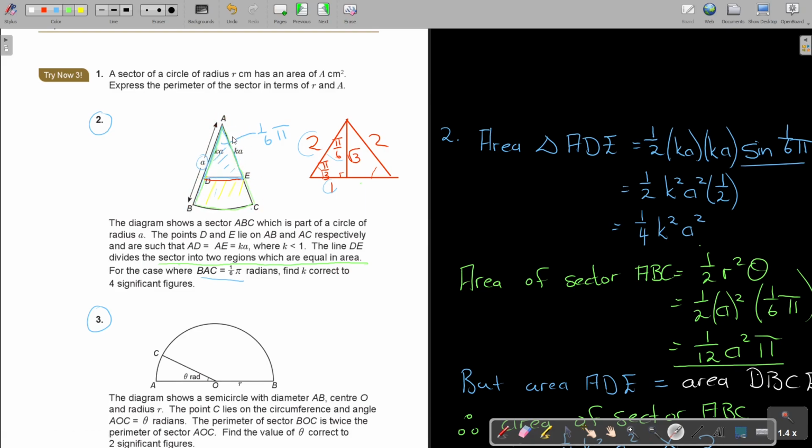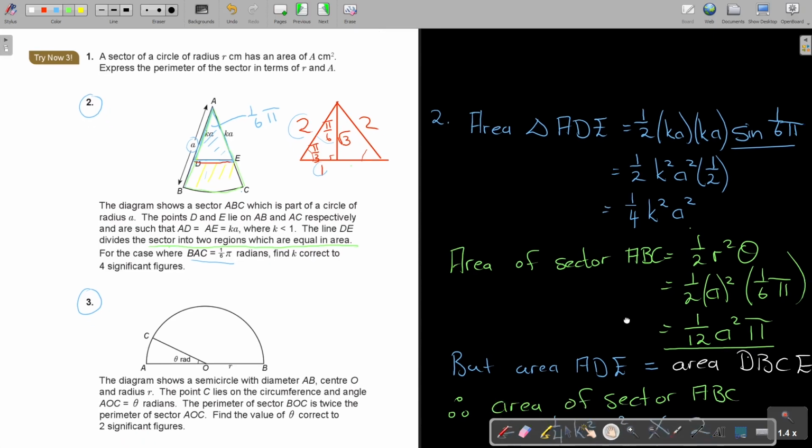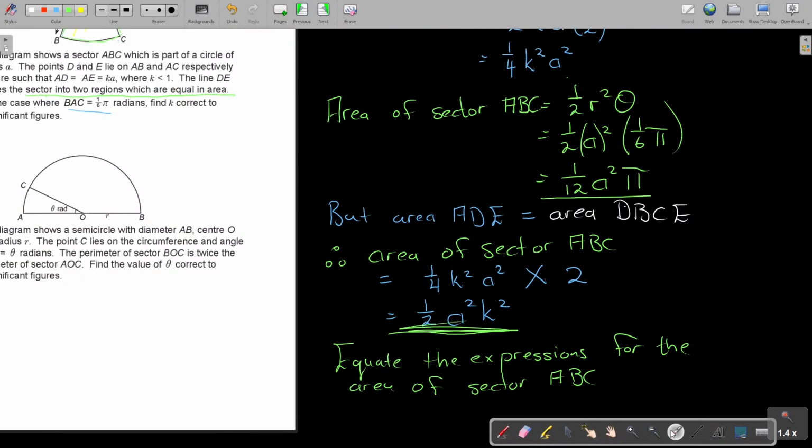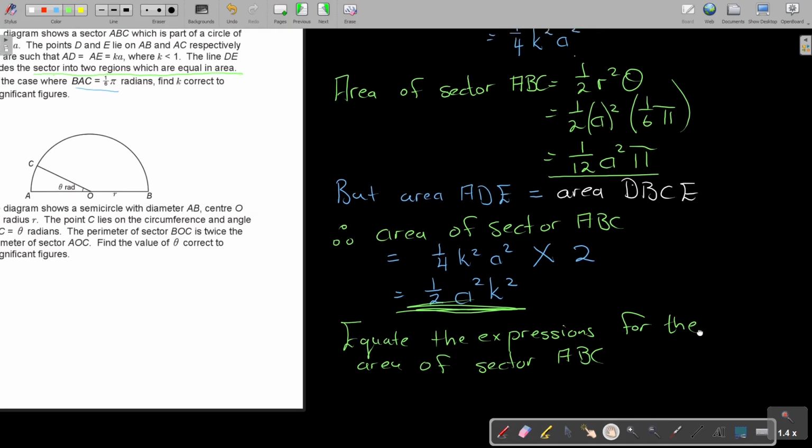But then I take the normal formula for the area of a sector and I work out this green one. Now I'm going to take the two different expressions, because I know they're equal, and put them equal to each other to get my value of k.